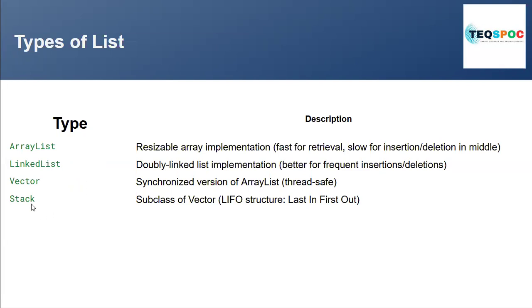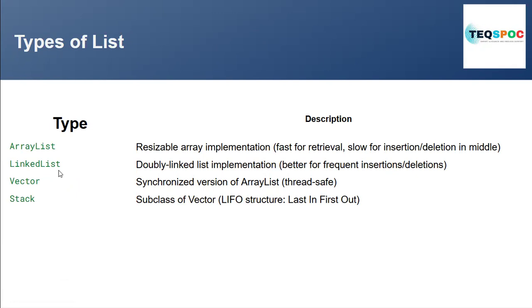Okay. So in the collection framework, LinkedList is internally implemented as a doubly linked list. Remember this point, always remember. In the JDK, LinkedList is internally implemented as a doubly linked list.